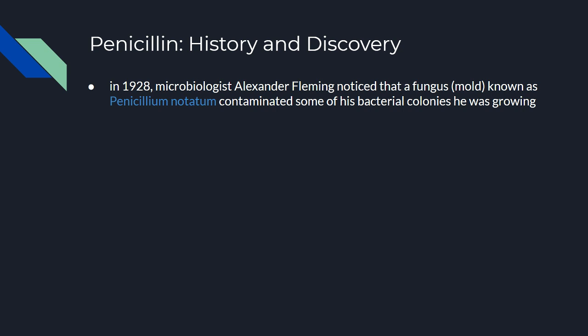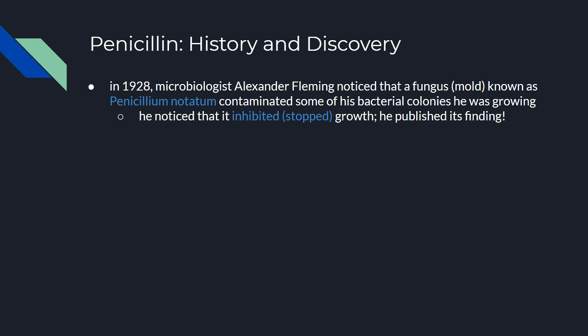Everything sounds similar, but we do that to try to make things relatable, so that we don't have to make obscure names. Anyways, he contaminated some of his own research, he was researching bacterial colonies, and he noticed that it inhibited and stopped growth, and he published his findings.